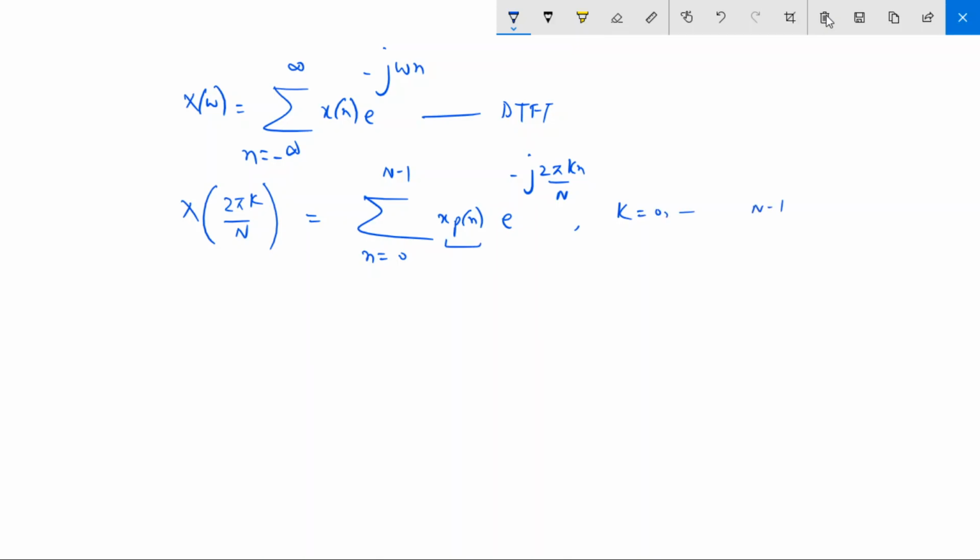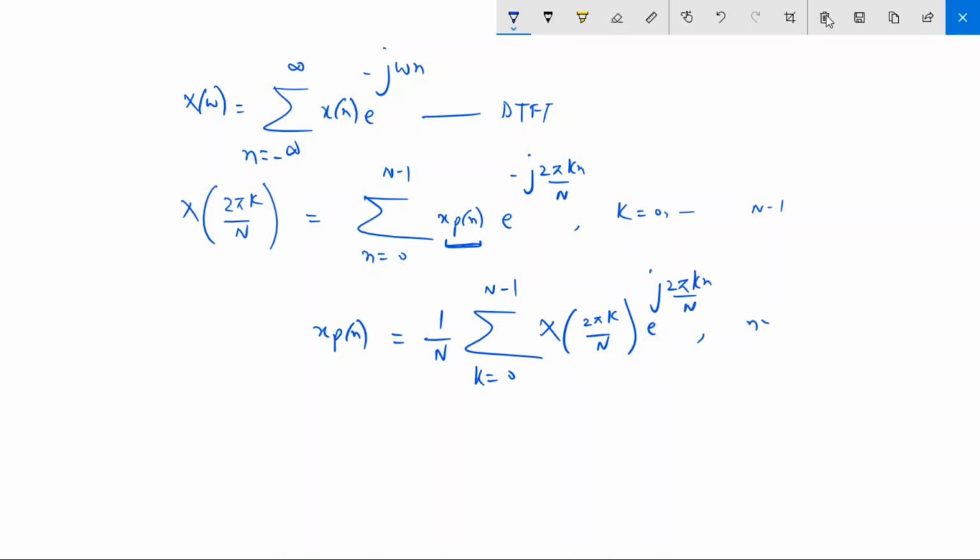And this xpn is nothing but a periodic sequence. We have taken its Fourier series and an inverse Fourier series, and then finally we have got that xpn can be written as 1 by n summation of k from 0 to n minus 1 X of 2 pi k by n e raised to power j 2 pi k n by n for n from 0 to n minus 1.